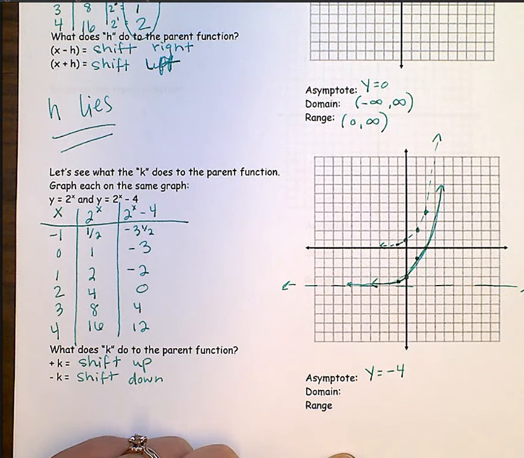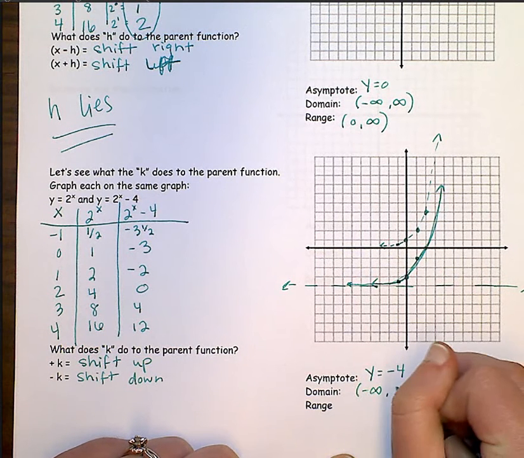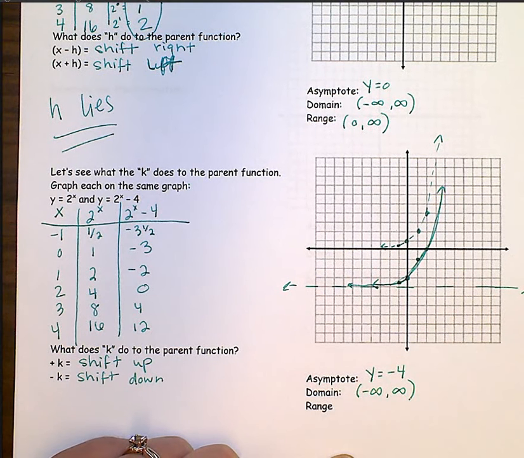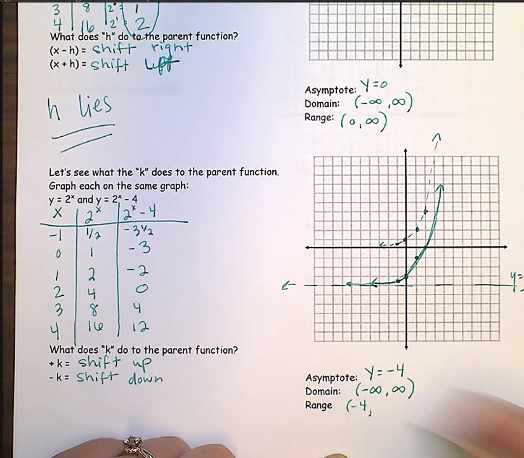My domain will still be all the reals from negative infinity to positive infinity. And my range is now going to be all the y values above the line y equals negative 4. So anything above negative 4, but not including it, so use parentheses, and going up to infinity.